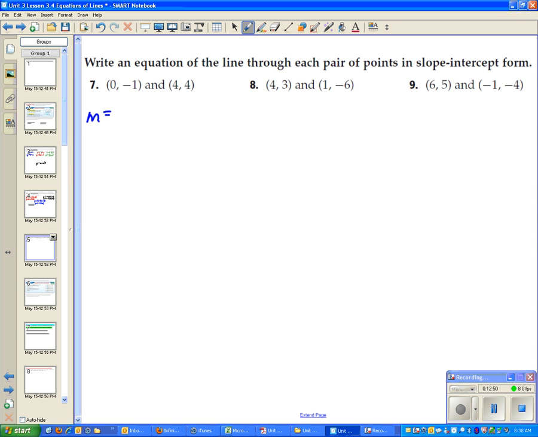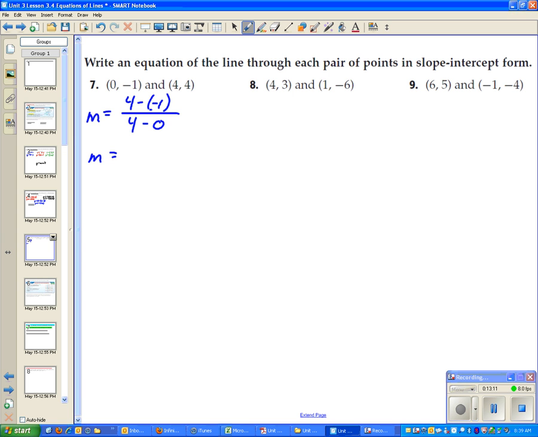m equals y2, that'll be 4, minus y1, that'll be -1, divided by x2, 4, minus x1, 0.